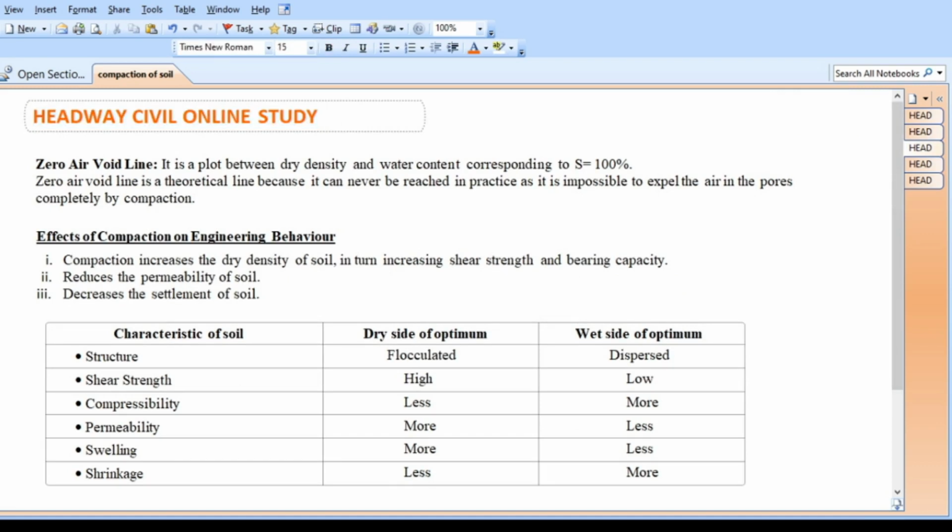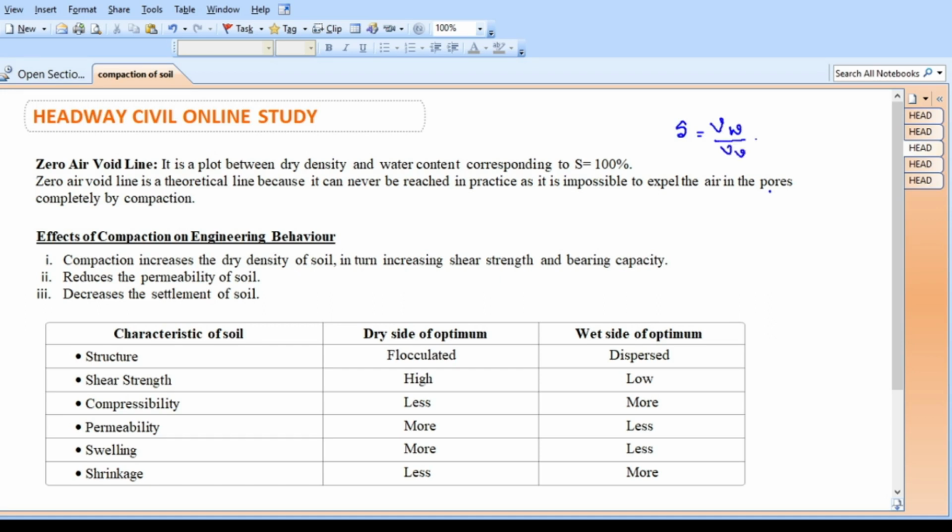So what is a zero air void line? It is a plot between the dry density and water content corresponding to S equal to 100%. So what is S? S is the degree of saturation. That means it's the volumetric ratio between the volume of water and the volume of voids that is present. So S we know is equal to volume of water divided by volume of voids.